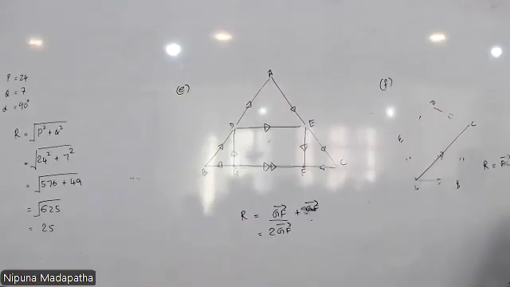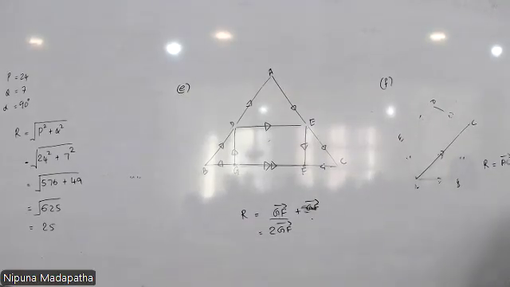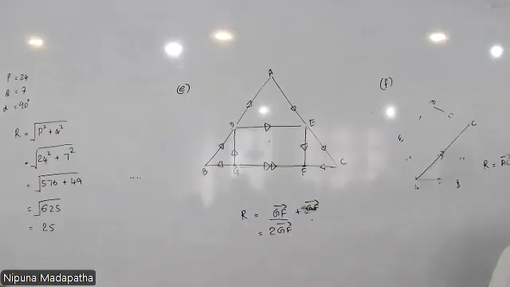Then part D: the answer is root 61, 7.8. Part D is root 61. Sorry, part C answer is 13. The square root of 169 is 13.